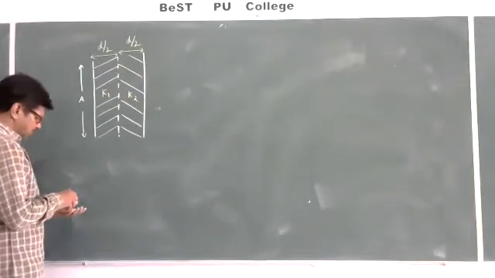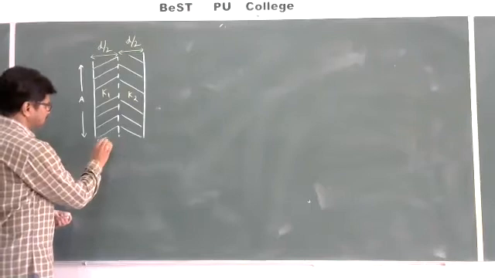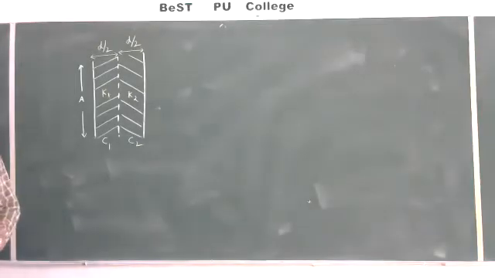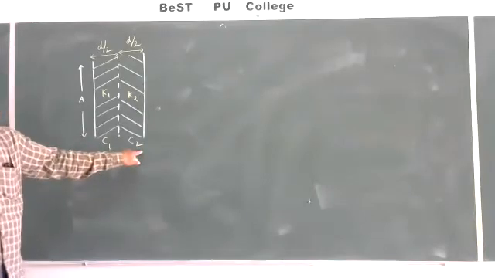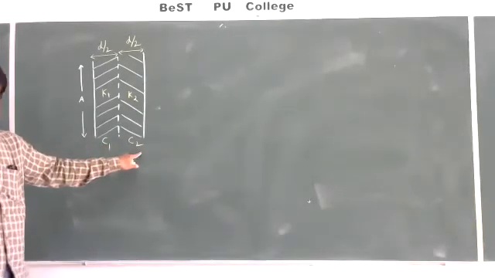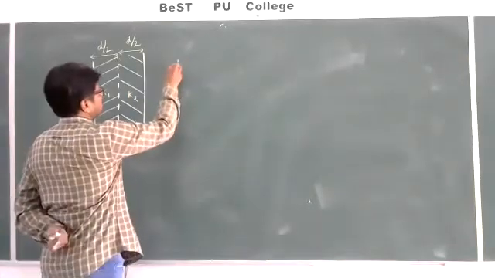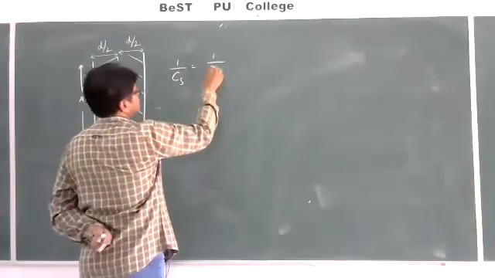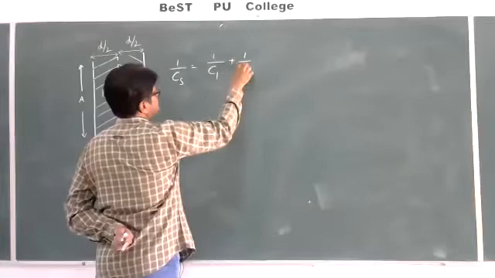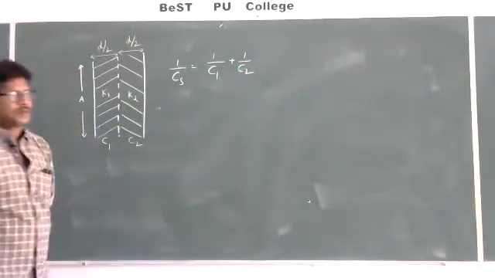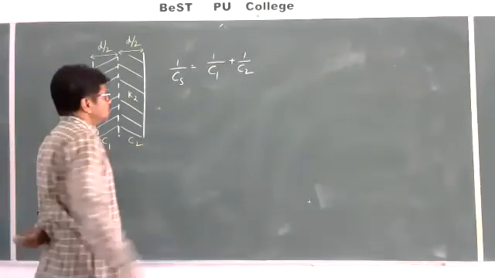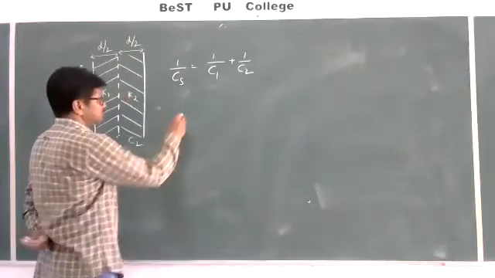Now the capacitance of the first capacitor is C1. Capacitance of the second capacitor is C2. These two capacitors are connected in series. Now the effective capacitance: 1 by Cs is equal to 1 by C1 plus 1 by C2. What are the C1 and C2 values?